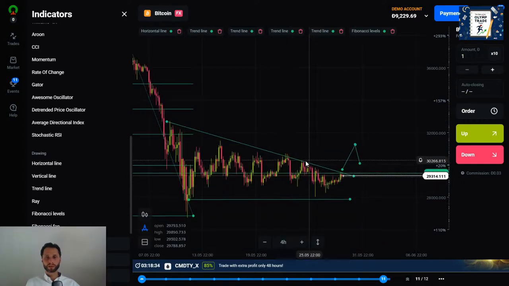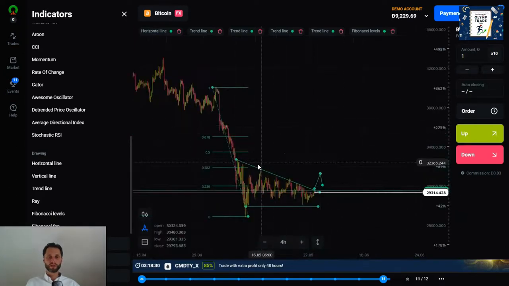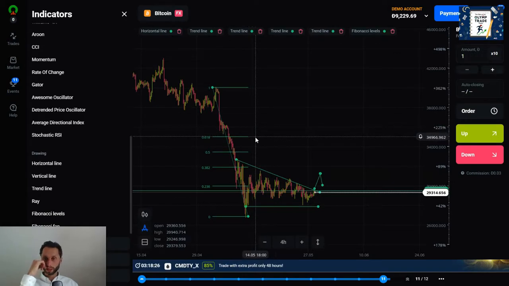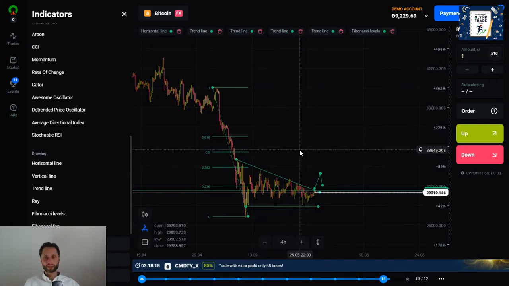We could have a support resistance zone right here, and then a continuation higher into that level I was just mentioning, 50% or the 61.8, which lies at about 35,000 here, and 33,500, which is the lower level, the safer point to aim for.